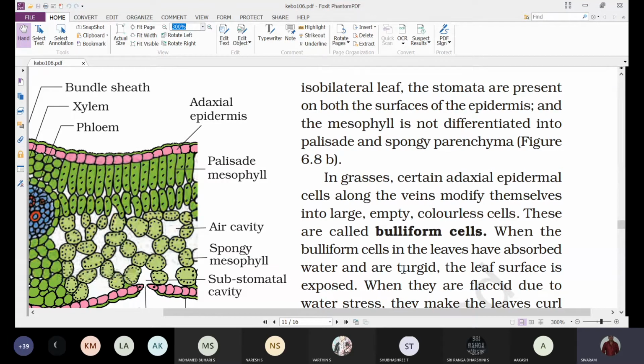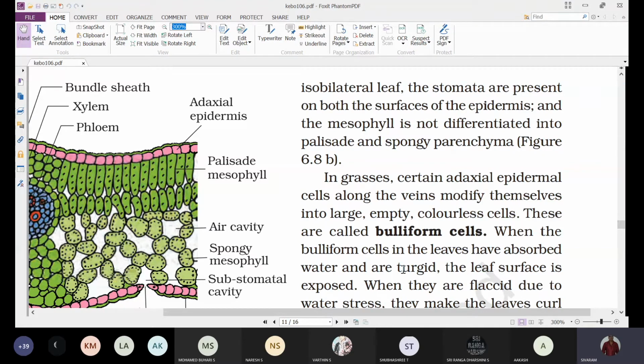And next, the mesophyll is not differentiated into palisade and spongy parenchyma. That means we don't find a palisade parenchyma as in the dicotyledonous leaf. The parenchymatous cells forming the mesophyll are usually round or oval in shape, and they are extended throughout the mesophyll from upper epidermis to lower epidermis with large intercellular spaces.